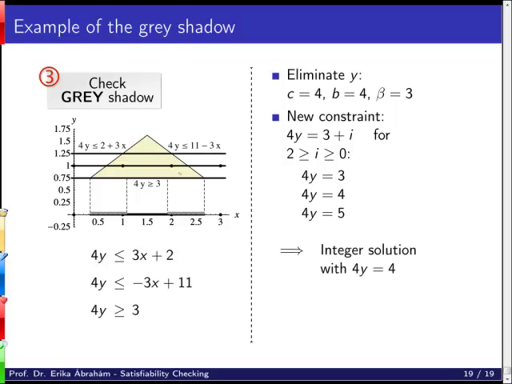If I am only interested in satisfiability but not the set of all satisfying solutions, then I can stop at the first value for i where I find an integer solution, and this would be in this case y equals 1. There I could stop. If I continue, then I will also find for x equals 2 the next one. So for i equals 1, I will find the first one and then also the second one.